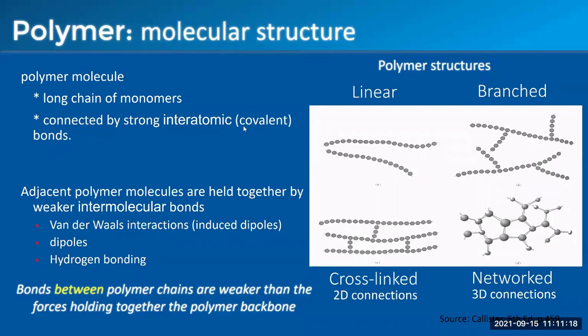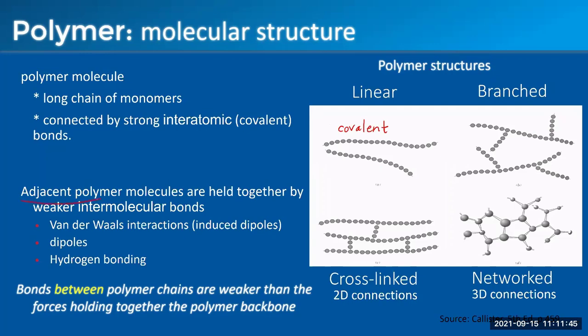Okay, so a single polymer molecule is a long chain of monomers, as we've already discussed. But the bonds that connect the mers together are covalent bonds. These are the bonds that hold the backbone or the chain of the polymer together. And these are the bonds that hold these grafted branches together as well.